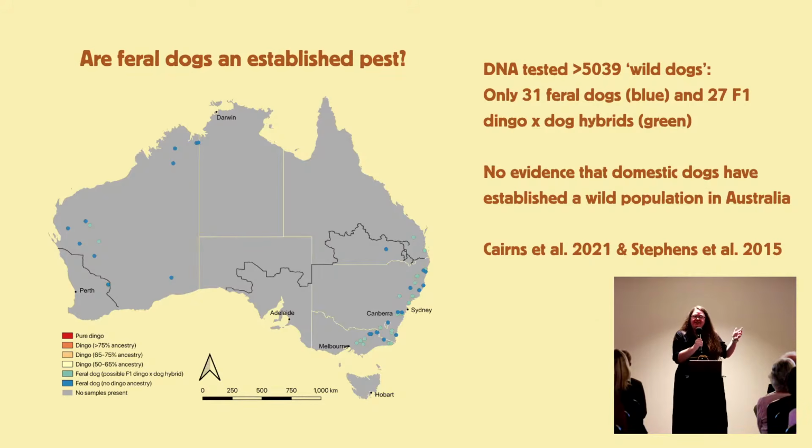Animals that were collected all around Australia, that out of only 30 feral dogs, that's less than 1% of those total animals.